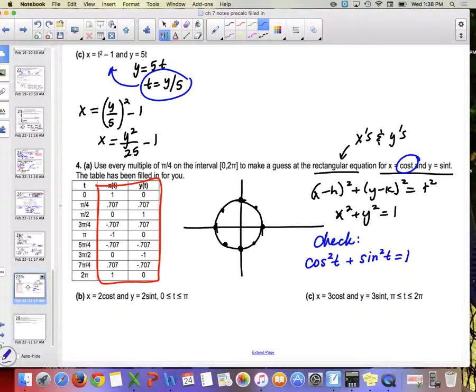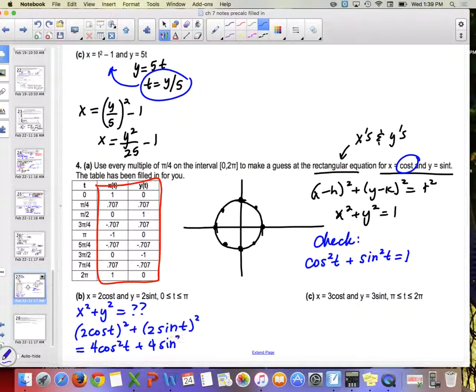But we're only going from 0 to pi, and you can graph it on your calculator if you need to. But basically what you're going to look at is what happens when I do x squared plus y squared. So if you see sines and cosines, always do that. So we're going to have (2 cosine t) squared plus (2 sine t) squared, which is going to be 4 cosine squared plus 4 sine squared.